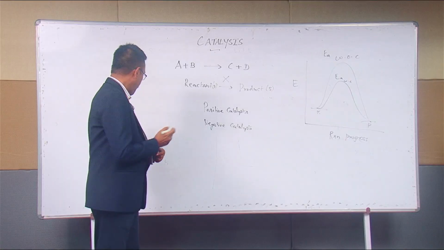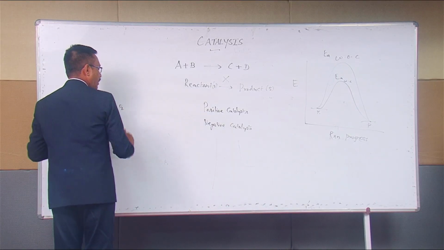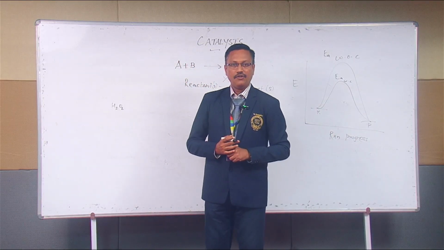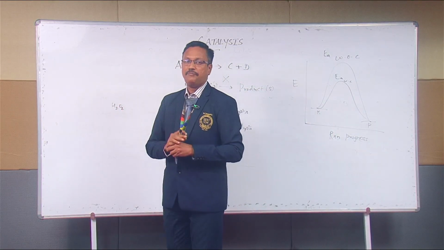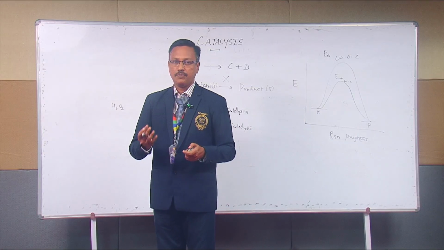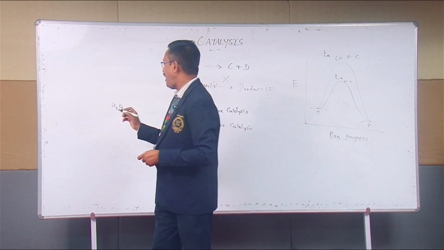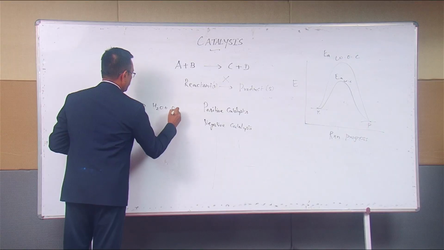For example, we are using hydrogen peroxide liquid. Hydrogen peroxide is an antiseptic and cleansing agent in pharmaceutical industries. The shelf life of hydrogen peroxide is comparatively less. When it is exposed to the atmosphere, when it is not kept in a tight container, what will happen? It will be converted into water and oxygen.